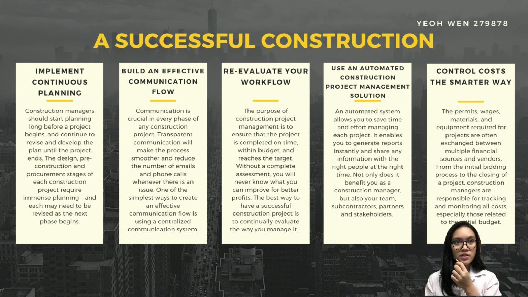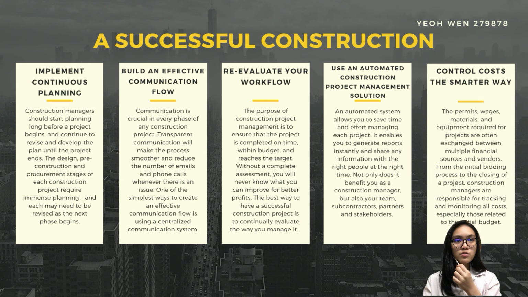The second factor is build an effective communication flow. Communication is crucial in every phase of any construction project. Building an effective communication flow will facilitate coordination between all parties. Transparent communication will make the process smoother and reduce the number of emails and phone calls whenever there is an issue.